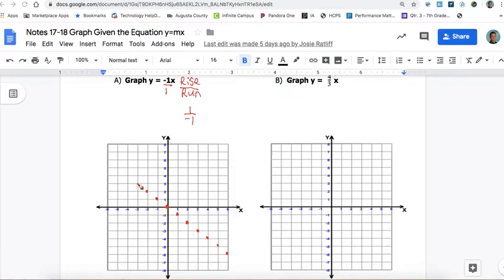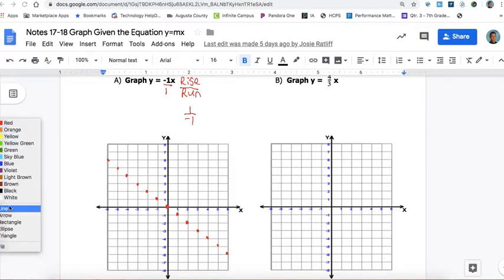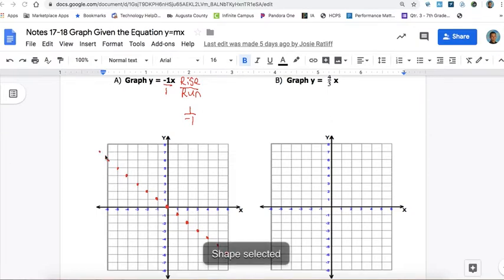And I did not change the value of the slope by moving the negative, because a negative slope means that either the rise or the run is negative. Now, if there were two negatives, what would it become? Good, a positive.